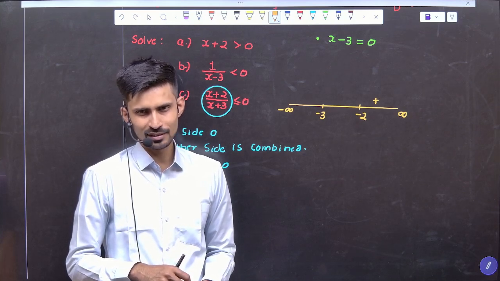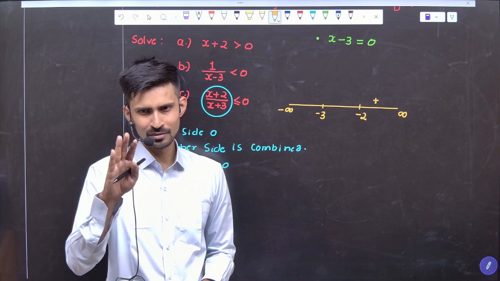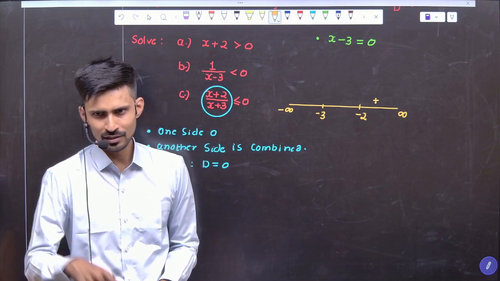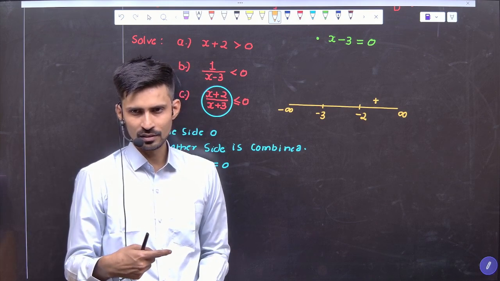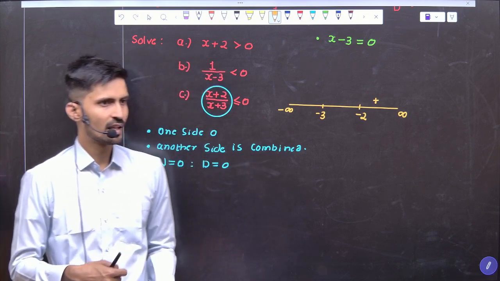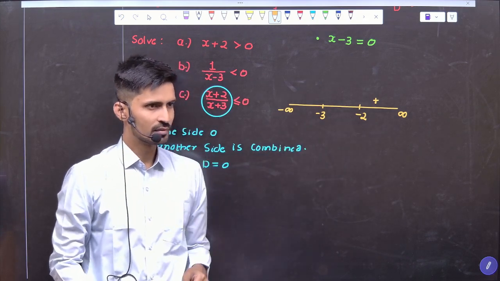I did not say. Stand up. I will make you sit here and you will tell me. Tell me one number between minus 3 to minus 2. Tell directly.